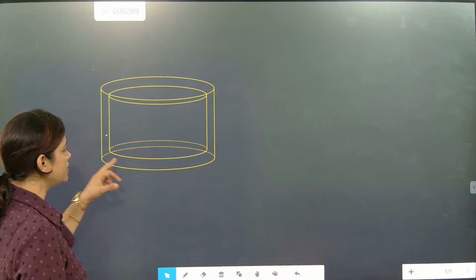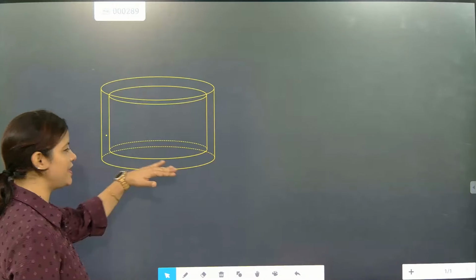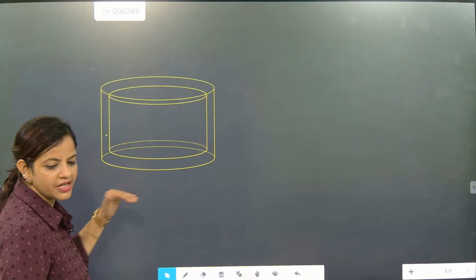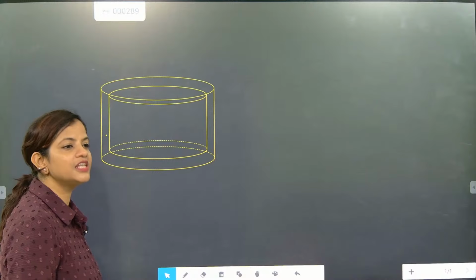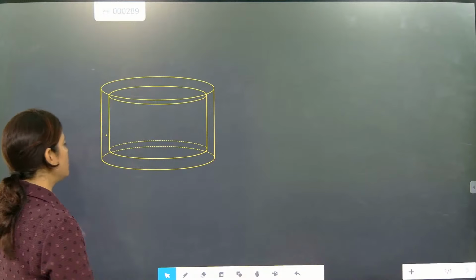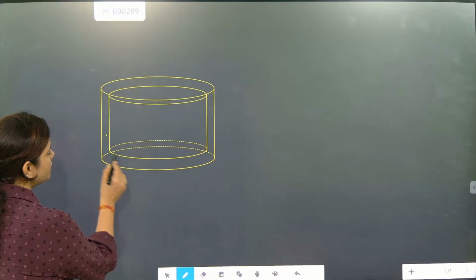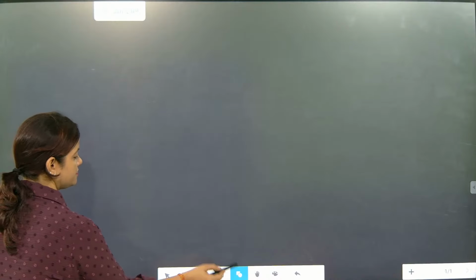For the hollow cylinder, I have done a little bit of the base. The base will be the same only. This is considered as the hollow cylinder. Wait, I need to draw it again.